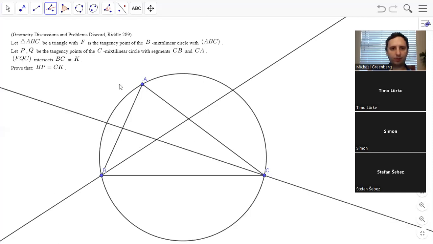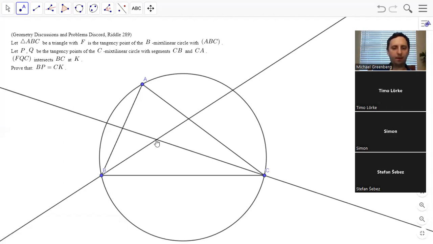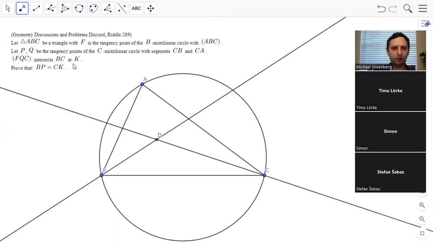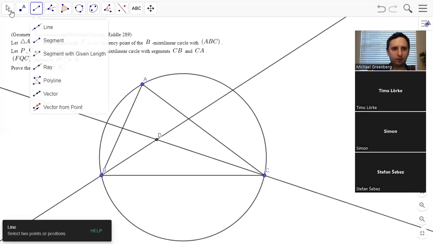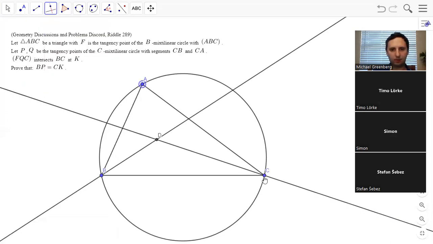Okay, so here's the incenter. Actually, you know what?